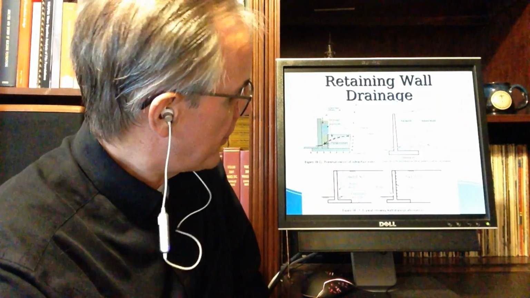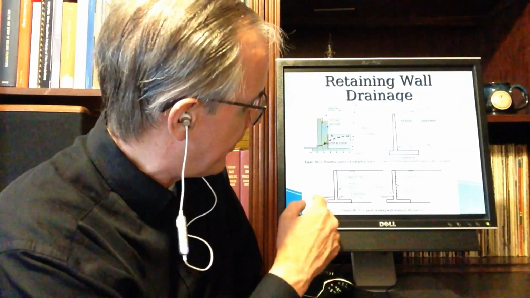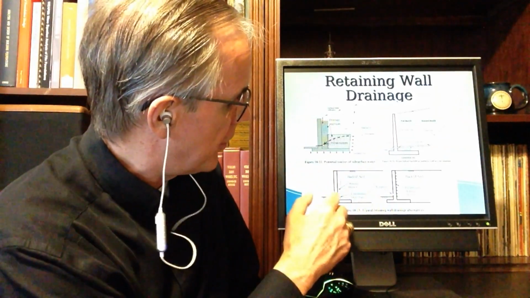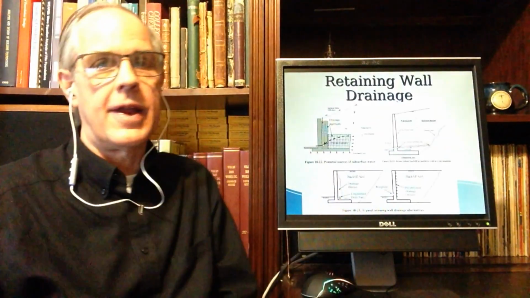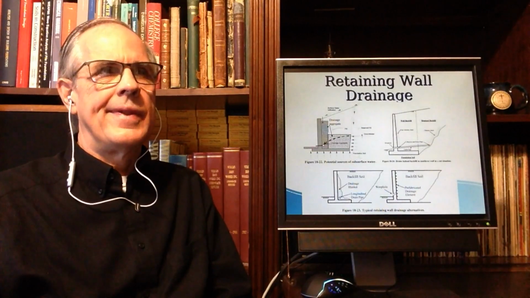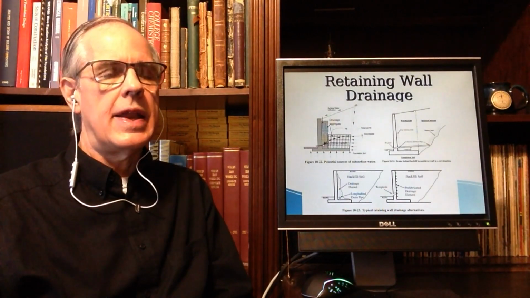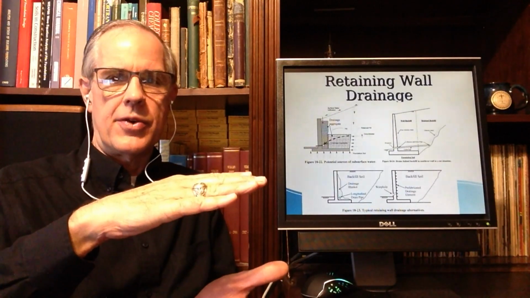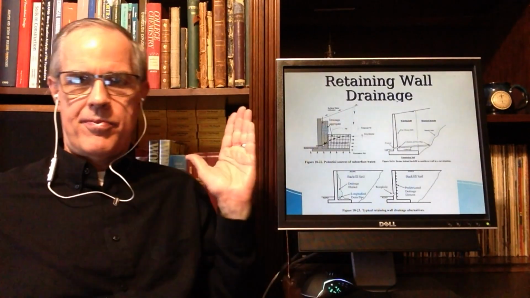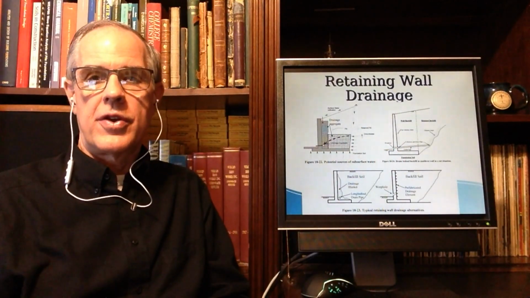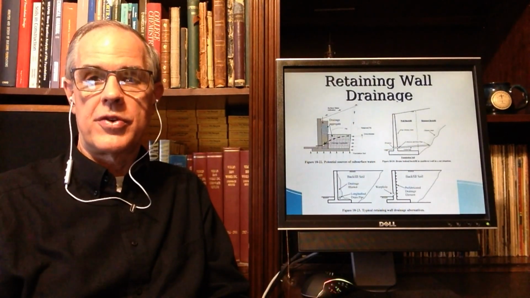Very often, if you can't have water coming out this way, you will drain it through a longitudinal pipe and what's called a drainage blanket. A drainage blanket is an area, usually fairly flat, much wider this way than this way, of free draining soil, traditionally gravel.